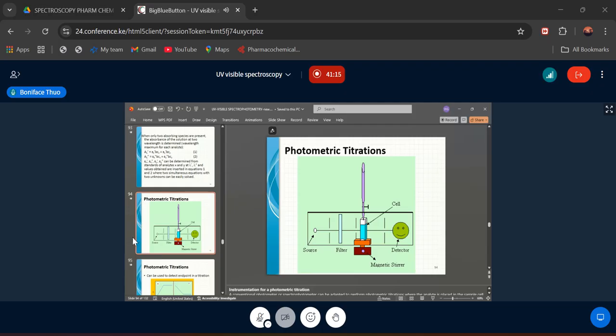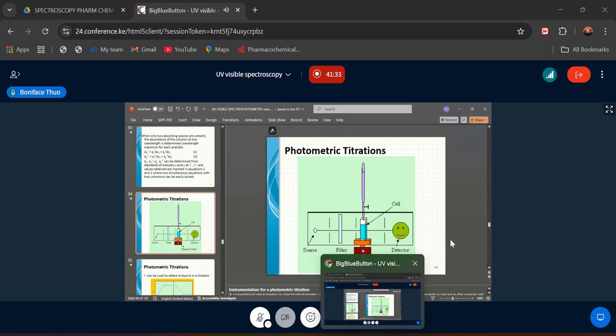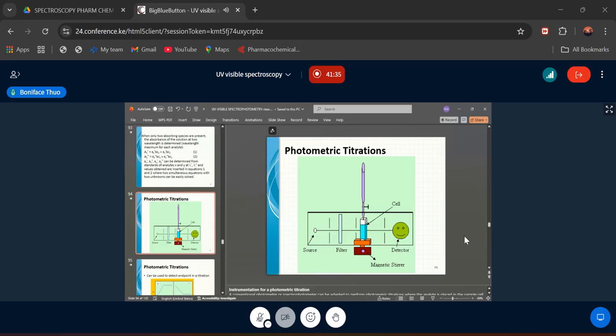And we said the advantage of using spectroscopy as an endpoint detection method is that you can use this method to titrate substances that are colored, which you would normally not be able to achieve with visual indicators of endpoint during titration.